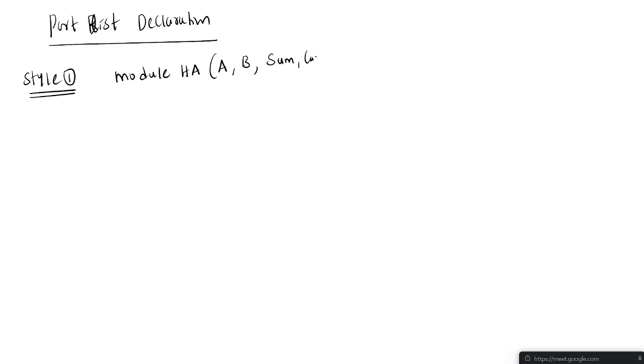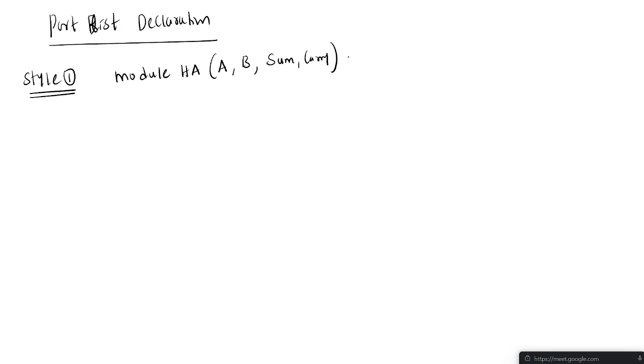For port declaration, there are two styles. Style one: I will write module, my identifier HA. I will declare the ports: the inputs A, B, and the outputs sum comma carry.